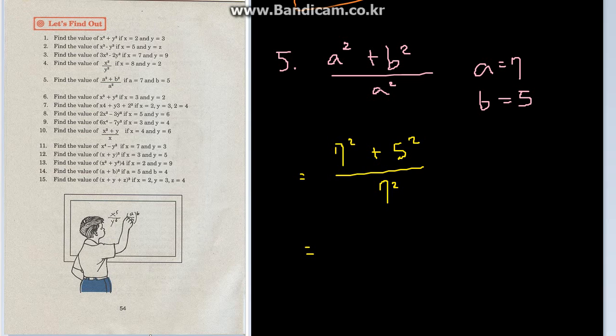Then 7 times 7 is 49, plus 5 times 5 is 25, divided by 49. 49 plus 25 is 74, so 74 divided by 49 is the answer.